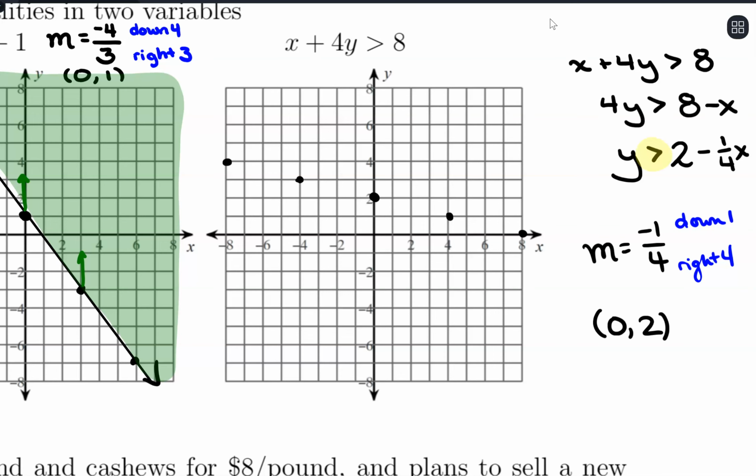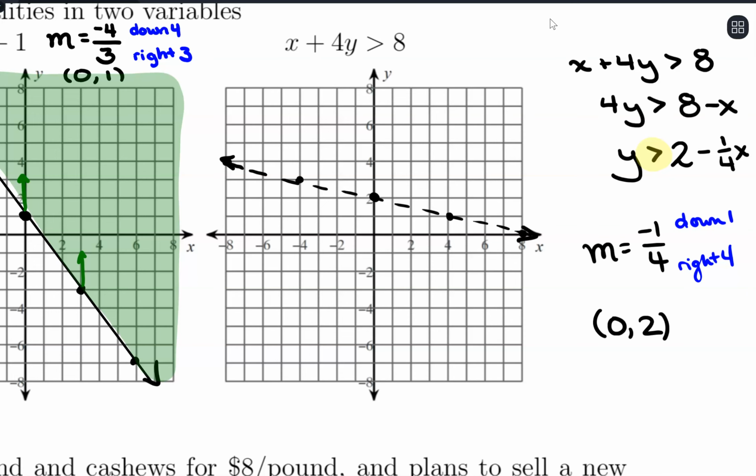So this is y is just more than. Since we don't have the equals, what we're going to do is show a dashed line. So I'm going to connect those with a dotted line to show that this line of 2 minus 1/4 x is a barrier for our region, but we're not equal to that line. So the points along that line are not solutions.